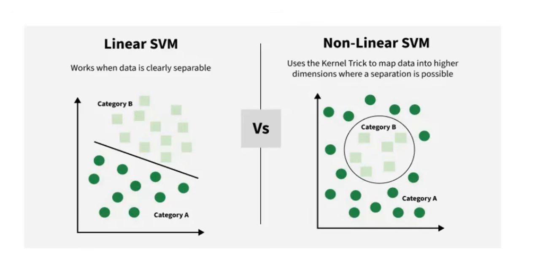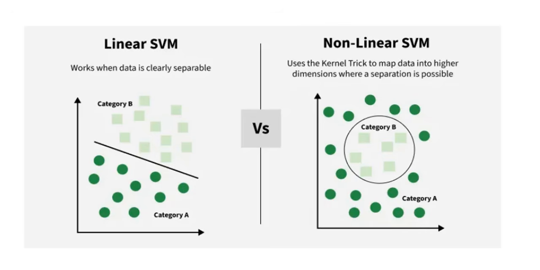Here we have two categories of data. The green circular points represent category A, while the light green square points represent category B. If we observe the graph carefully, the two categories can be separated using a straight line.